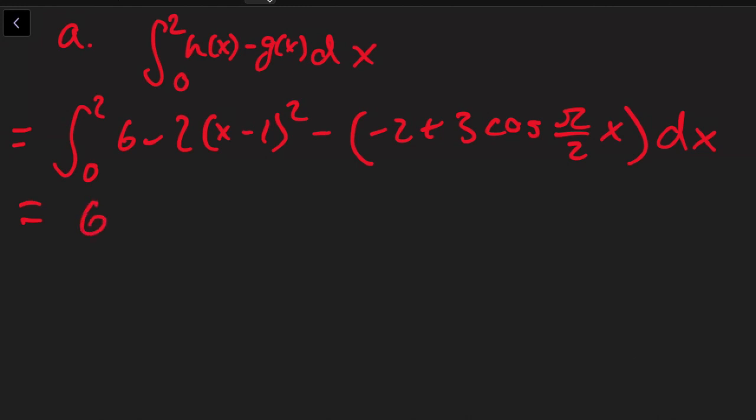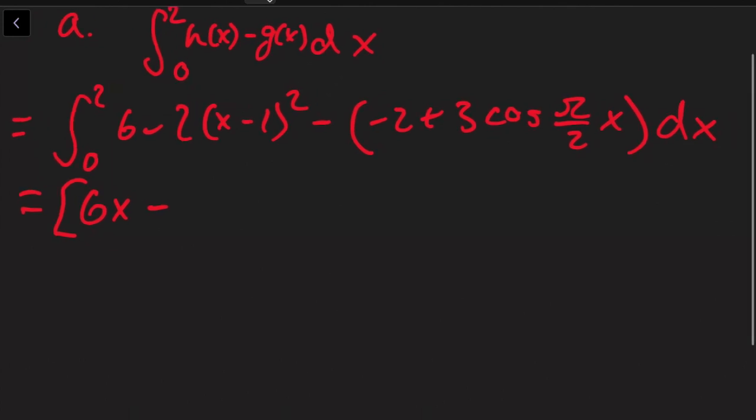This is going to be 6x minus, and since here we have x minus 1 to the power of 2, we know that we can do chain rule. I'm just going to simplify it and integrate as if it was just x, because when we do chain rule, the derivative du dx is just going to be 1, so it's going to be very simple.